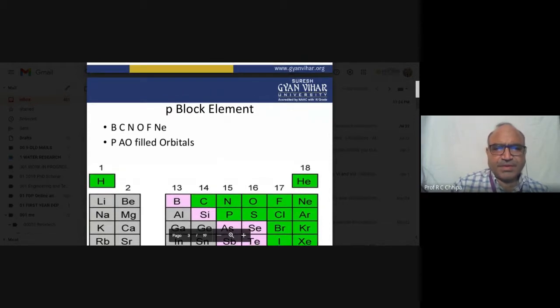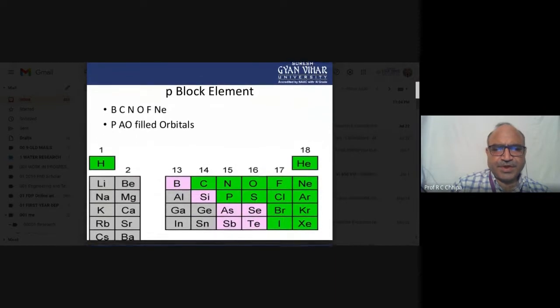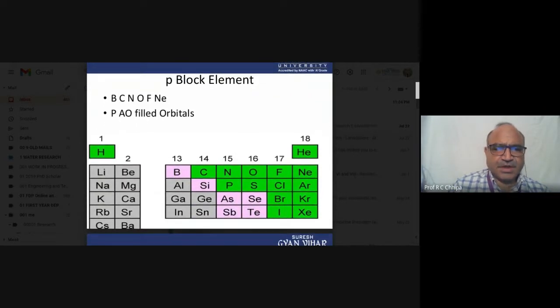Here the description in the periodic table is as per the modern one, groups 1 to 18. Out of these 18, 1 and 2, then a gap, and the p block starts from 13, 14, 15, 16, 17, and 18. We can also mention hydrogen and helium.